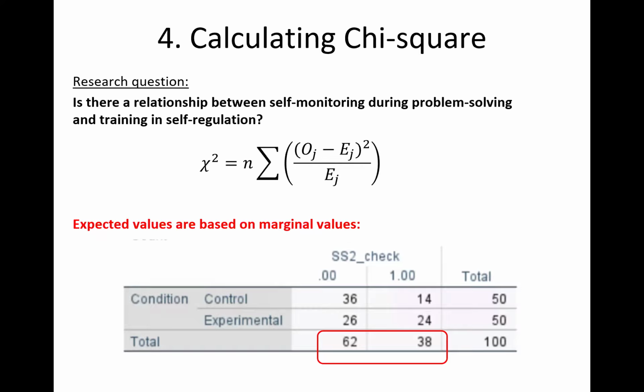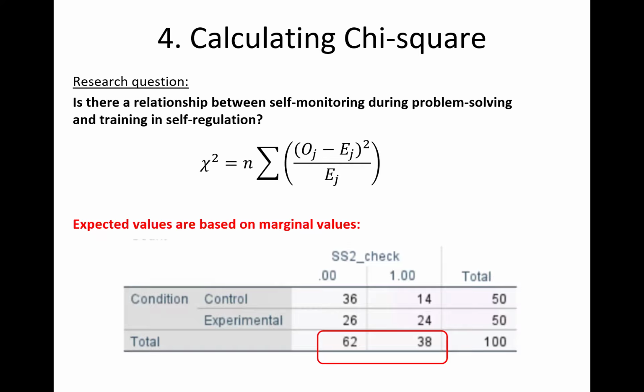Now, if those marginal values were evenly distributed between the control and the experimental group, you'd expect, 62 people didn't check, then it should be 31, half of the 62 in the control group didn't check, and 31 in the experimental group didn't check.